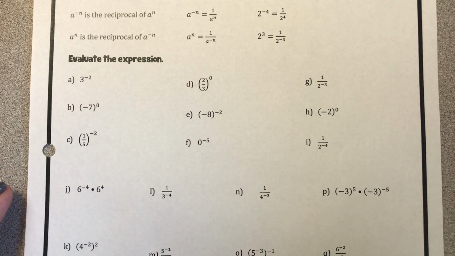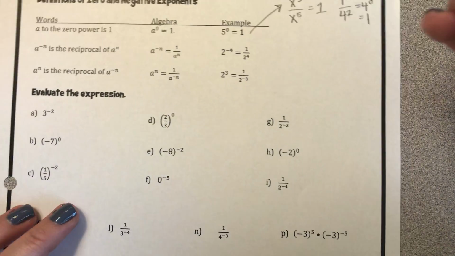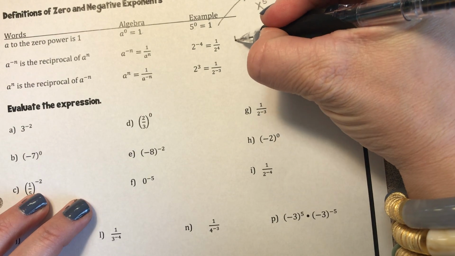The next thing we have to talk about is what happens if there's a negative exponent. I'm going to write it out here. I think this kind of makes it a little bit easier.